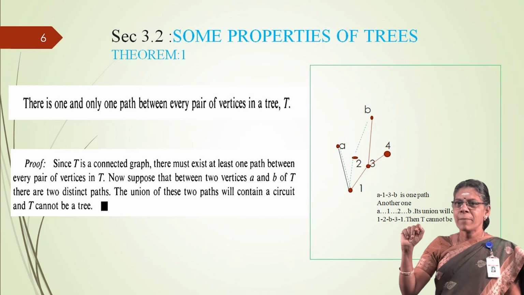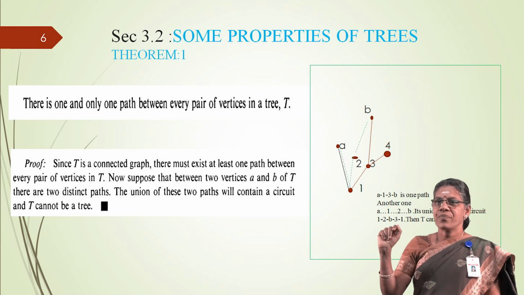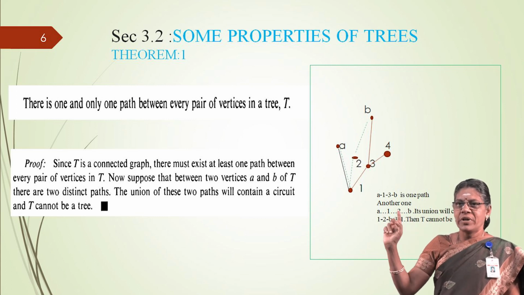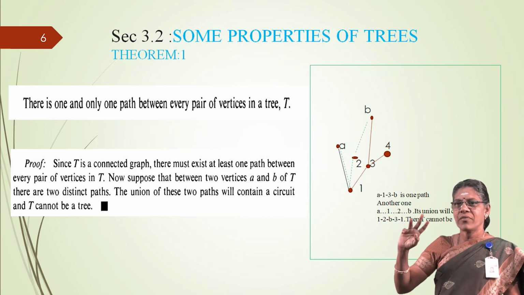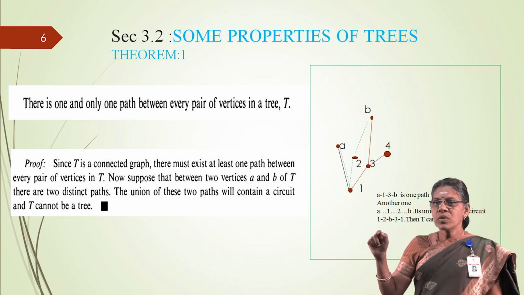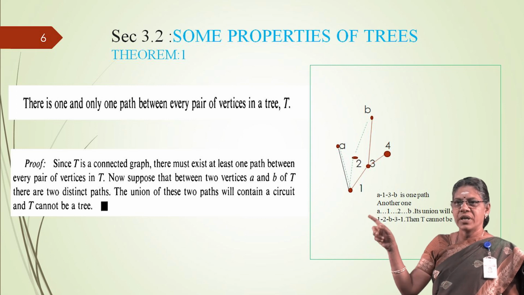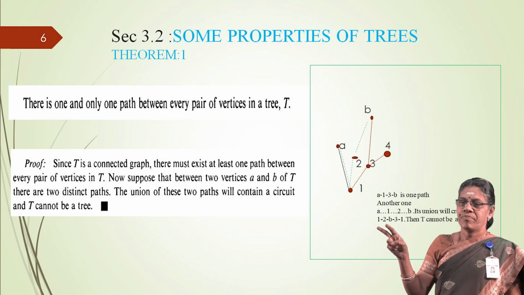Theoretically, since T is a connected graph, there exists at least one path between every pair of vertices. Connected means every pair of vertices is connected, that is, a path between every pair of vertices. Now suppose between any two vertices A and B of T, there are two distinct paths.